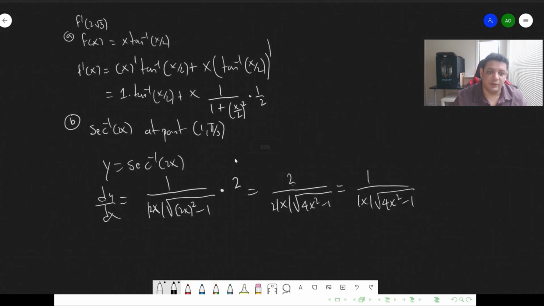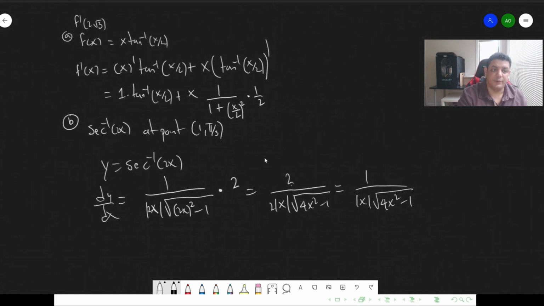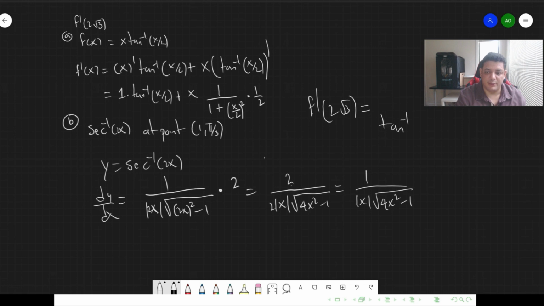Now, one of the things that we're also doing is computing what the points are. So for example, in the first case, f prime of 2 squared of 3 is going to be computed over here. That will be tangent to the minus 1 of the square root of 3, plus square root of 3 over 1 plus square root of 3 squared.